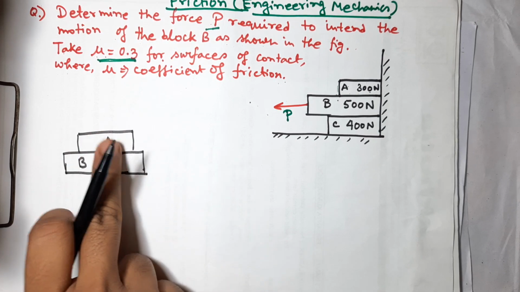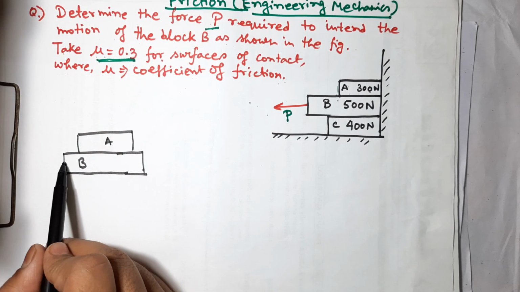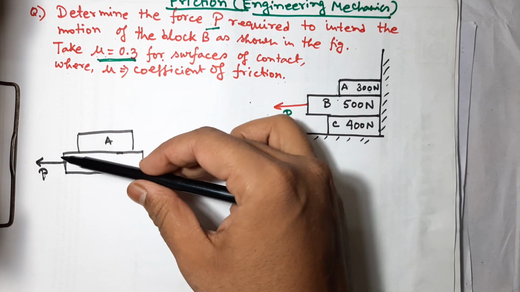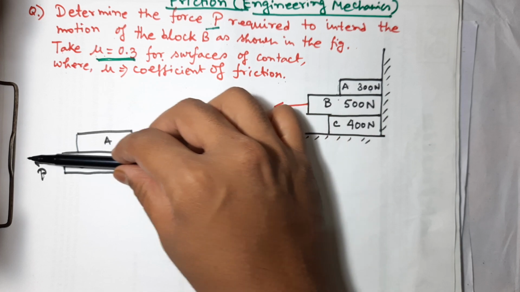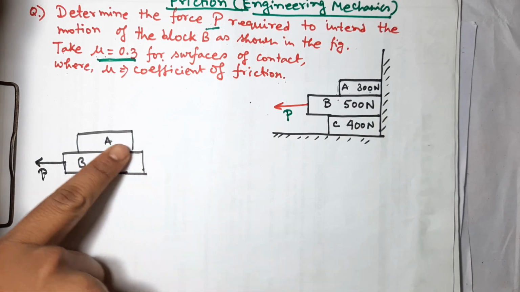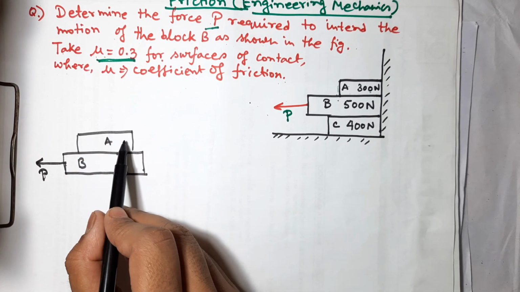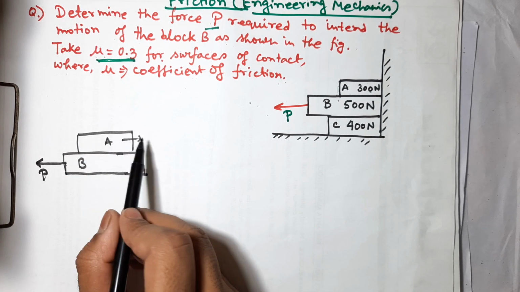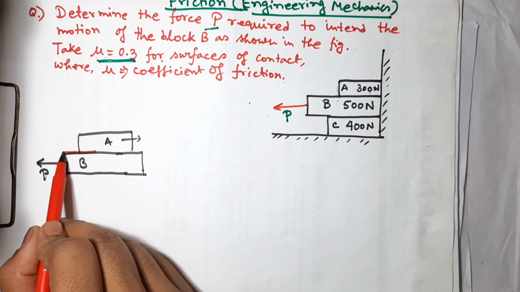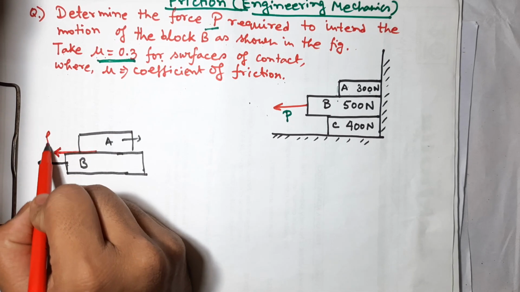At first, P force is acting on the B block, so on the A block a pseudo force is acting in this direction, right? And the frictional force on the A block by B block will be in which direction? This is the frictional force on the A block.